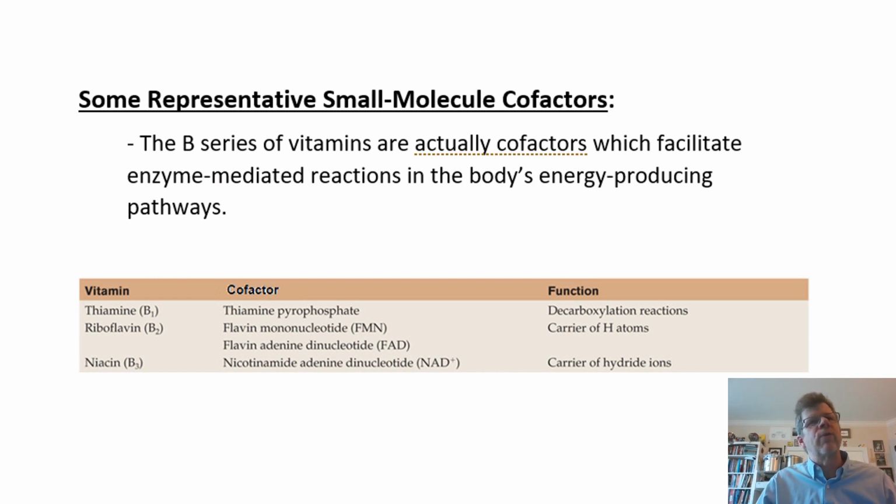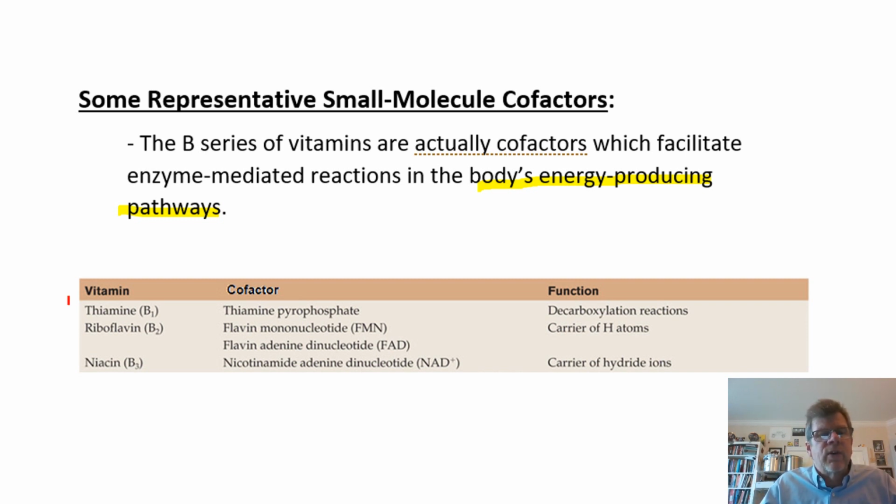Virtually every chemical reaction that happens within animal systems is enzyme-mediated, and these reactions which produce the body's energy, which we'll be talking about in a future chapter, a future unit of study, are very important.